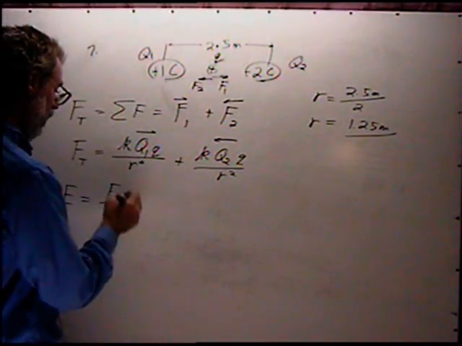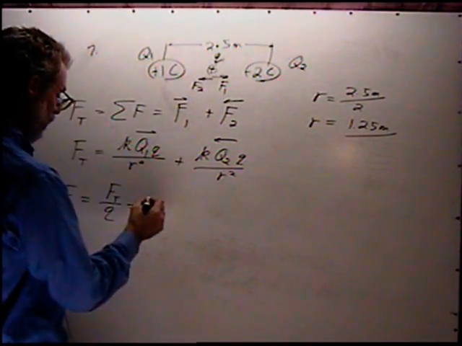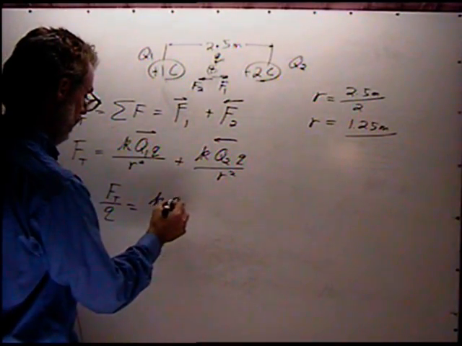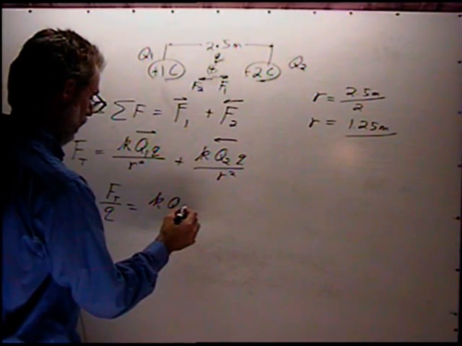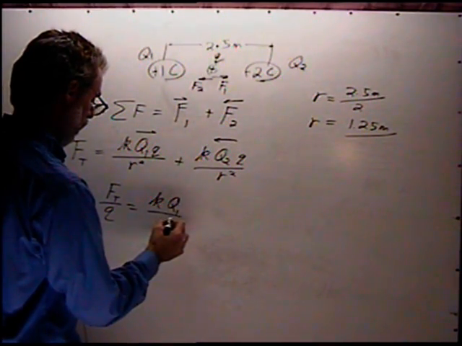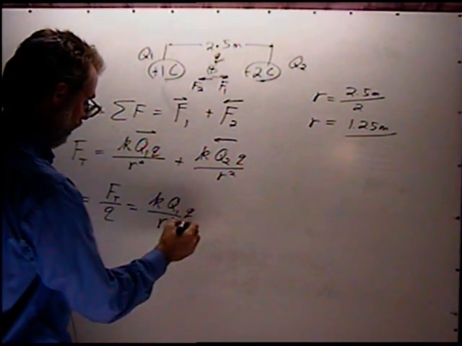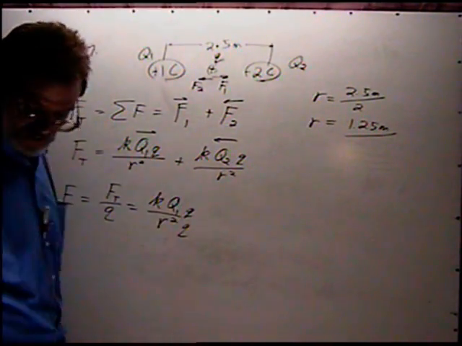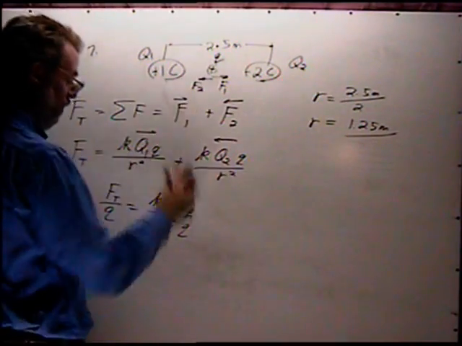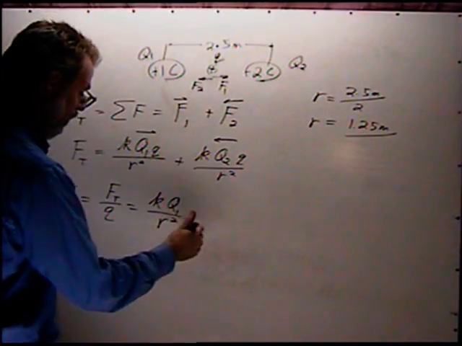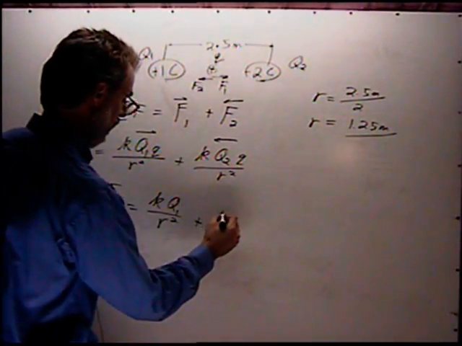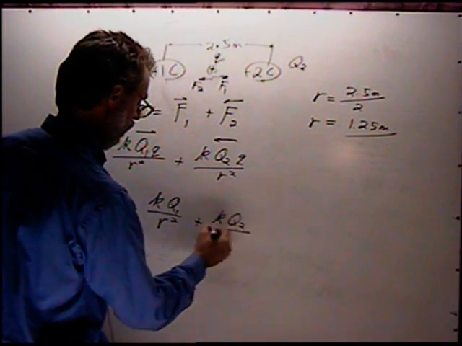It is simply, from algebra, K Q1 over R squared. Notice that the small q's are going to cancel out. So I'm going to have K Q2 over R squared.